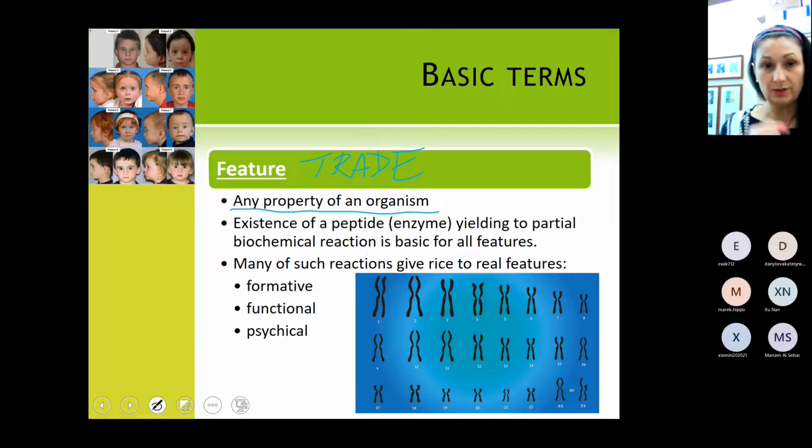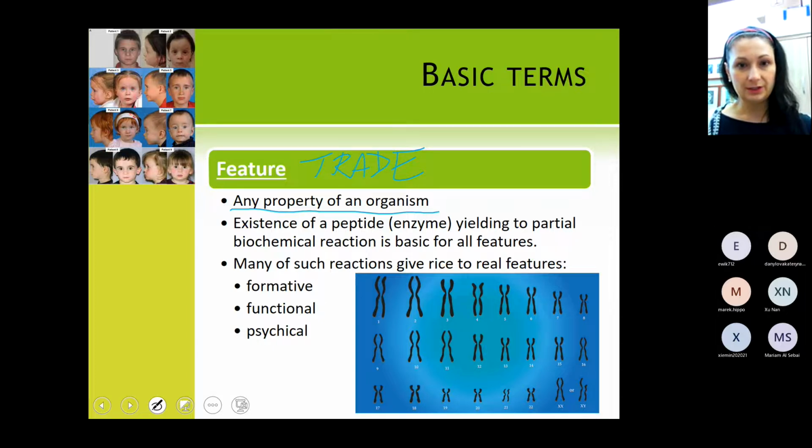It could be a nose, color of hair, structure of hair, color of our eyes, but also the shape of our eyes, how tall we are, what the constitution of our muscles is, how big our heart is, how big our liver is. These are all features which come from our genes and also from the environment, lifestyle. This is just the final product of these two entities.